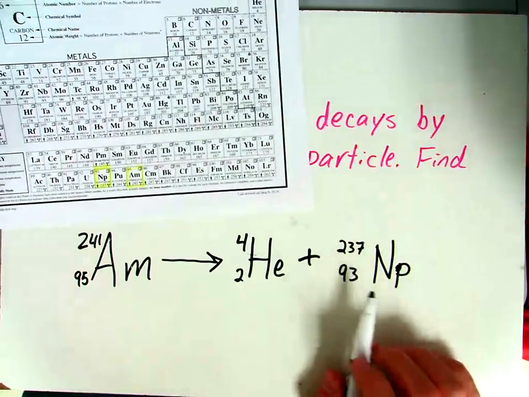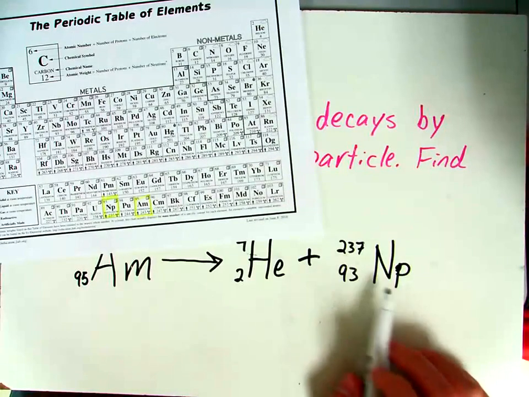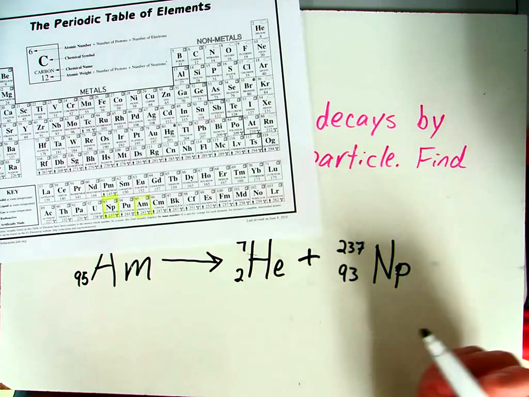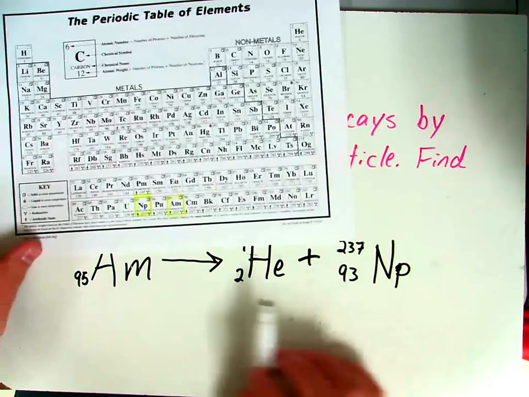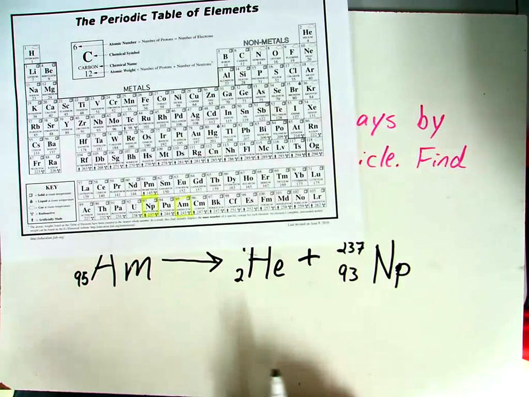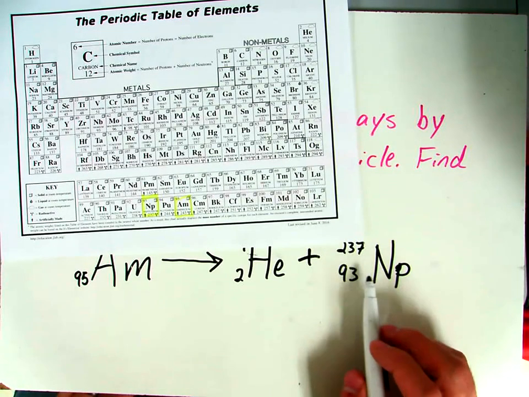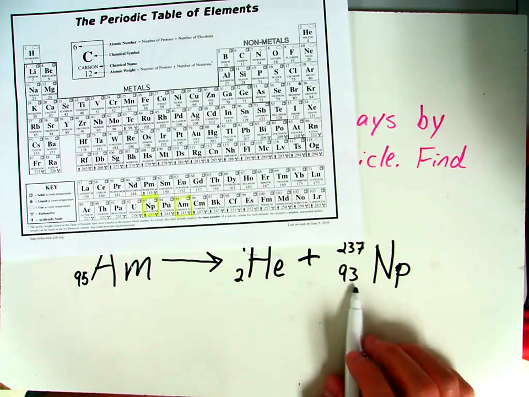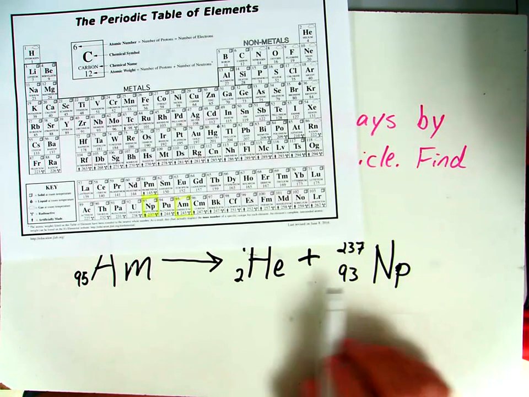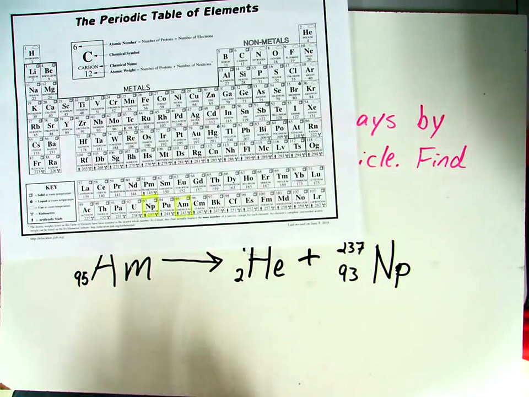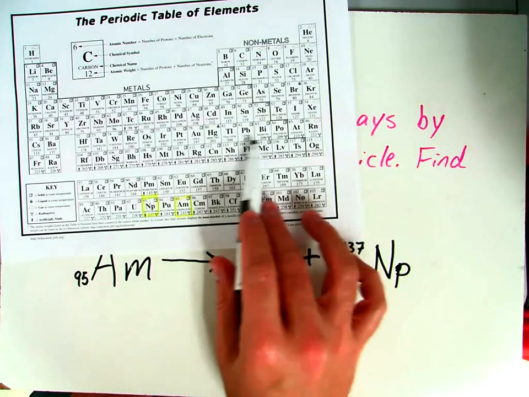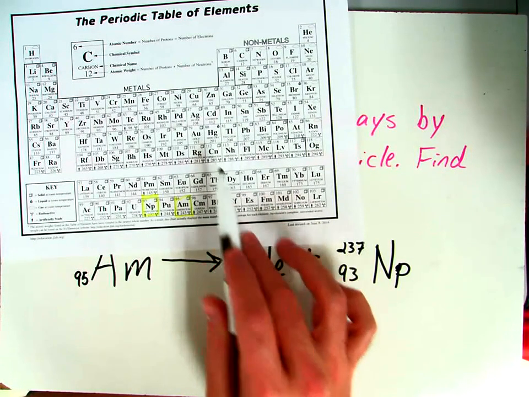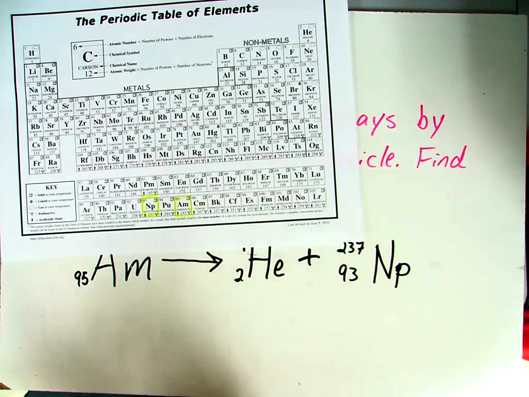Now, interestingly, 237 Np, neptunium, itself will undergo alpha decay. 237 would go down to 233, and neptunium would change into protactinium, and then so on and so forth until finally it comes down less than lead and you get a stable isotope.